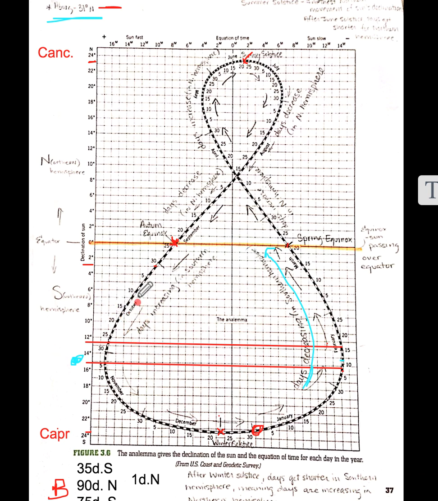We know that the sun is right here on October 14th. That means that it is in the southern hemisphere and it is not near 90 degrees north. 75 degrees south is going to be over here, right? Days are going to be doing something. Obviously I'm putting 35 degrees south here and 75 degrees south here, but you get the point.